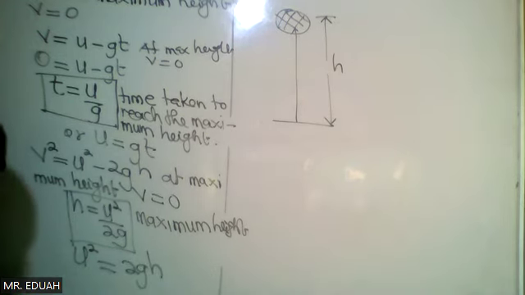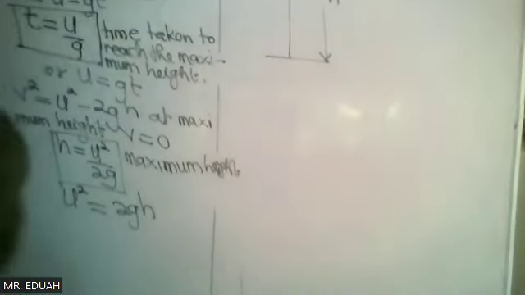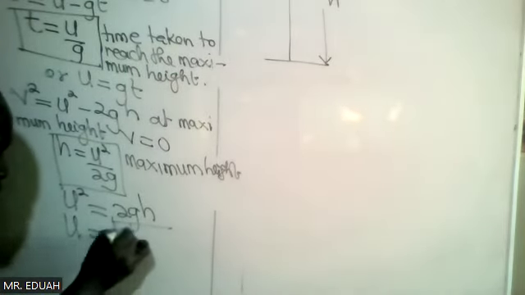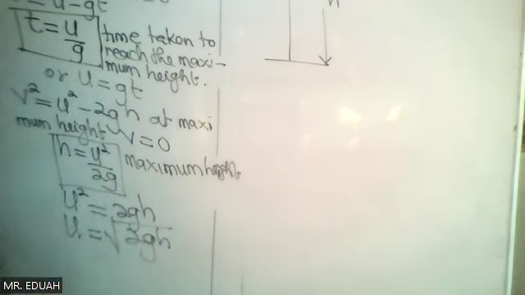So when you make u the subject, you have the square root of 2gh. But this is the expression for the maximum height reached. Please, any question?